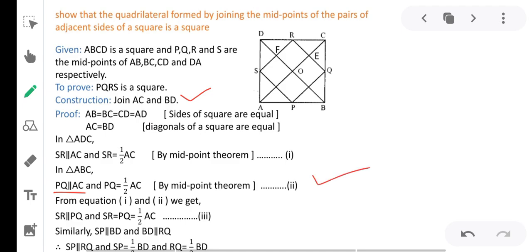Now from equation 1 and 2 we can write SR parallel to PQ, because SR parallel to AC and PQ parallel to AC. And SR equal to 1 by 2 AC and PQ equal to 1 by 2 AC, so SR equal to PQ equal to 1 by 2 AC. Clear?